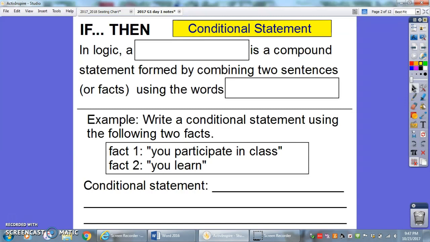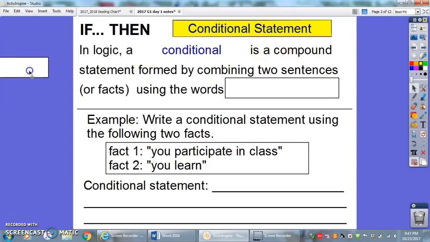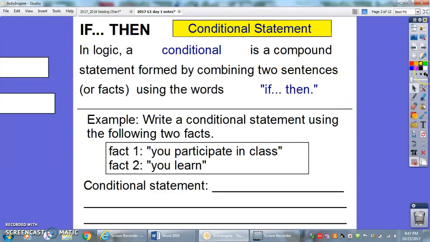The first thing we need to know is what a conditional statement is. It's a compound statement formed by combining two sentences or facts using the words if and then.